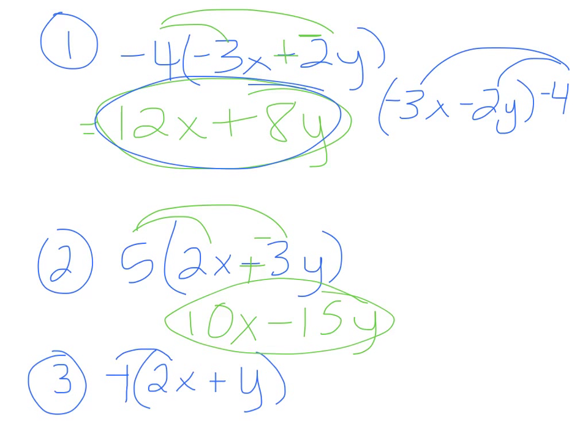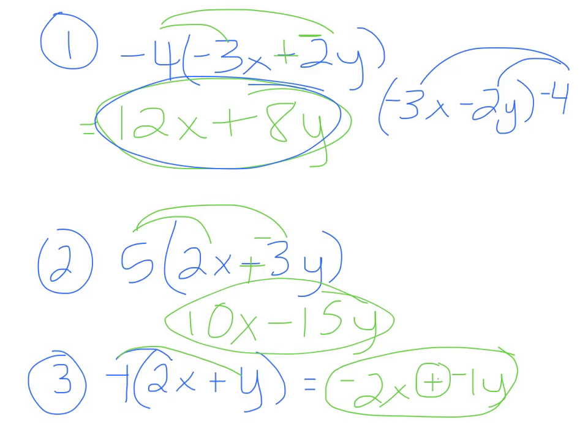So it's like negative 1 times 2x gives me negative 2x, and negative 1 times y gives me negative 1y. Okay? And I put the plus sign there because that plus sign came from right there. So if I wanted to write this as negative 2x minus 1y, I would be fine with that as well. Either one of these two answers would be okay for number 3.